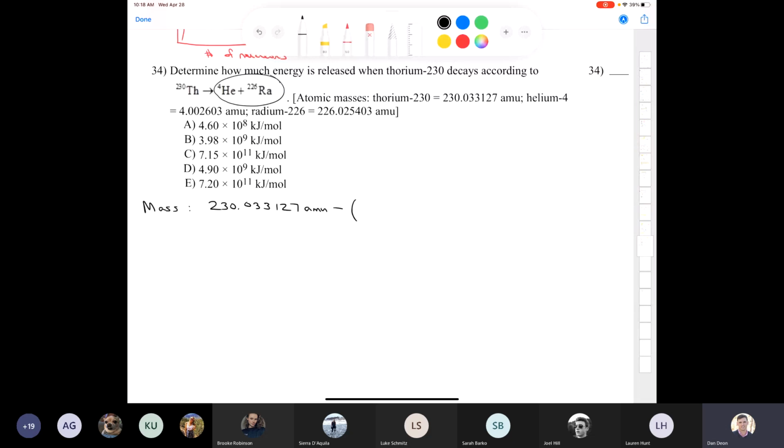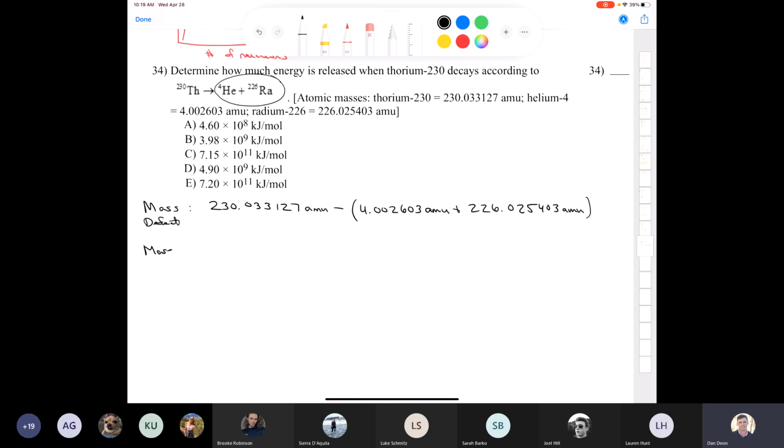Well, the mass of the one alpha particle, the helium-4, is 4.002603 atomic mass units, plus the radium-226 is 226.025403 AMU. And then we end up with our mass defect.